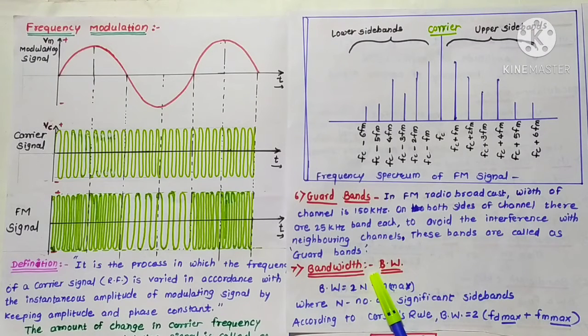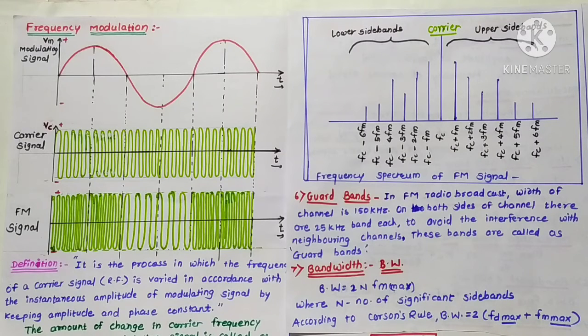The bandwidth may be restricted by putting an upper limit on the modulation index. So the bandwidth is given by the formula 2 n Fm max, where n is equal to the number of significant sidebands. According to Carson's rule, bandwidth is given by 2 into bracket Fd max plus Fm max.